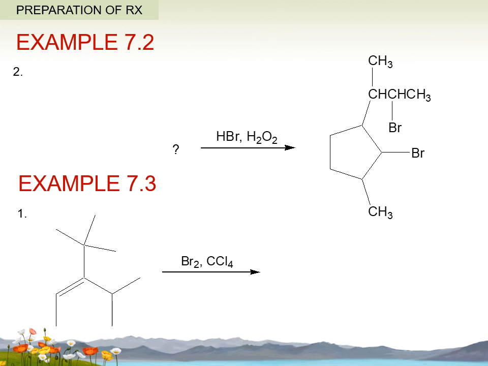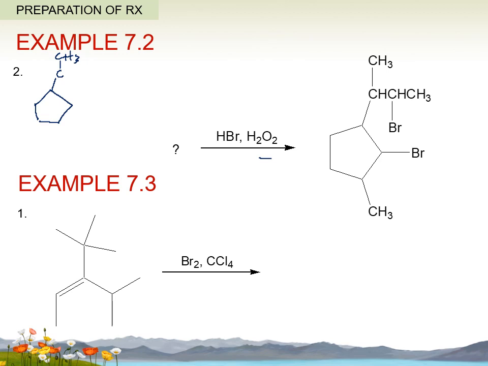The second question for example 7.2 is using anti-Markovnikov rule because it is using hydrogen peroxide as catalyst. So what we're going to do is firstly draw the cyclopentane, and then I'm going to draw the side chain up here.